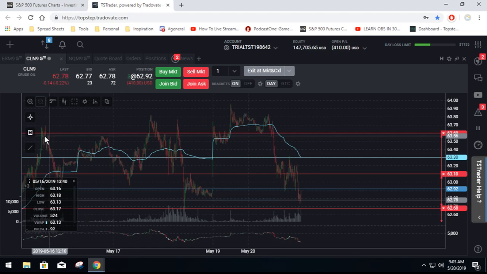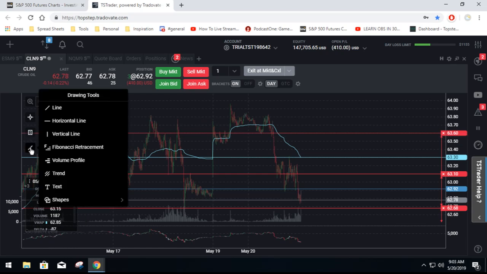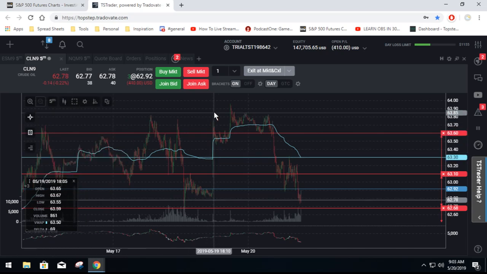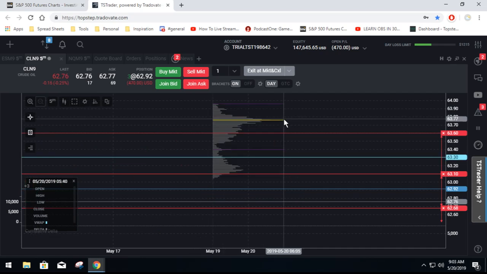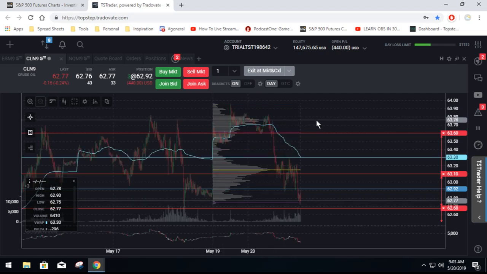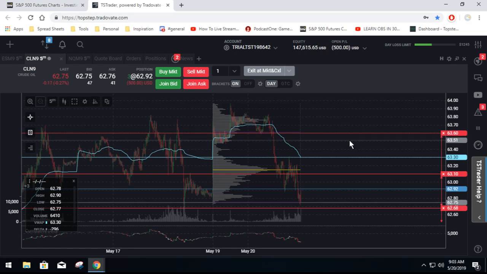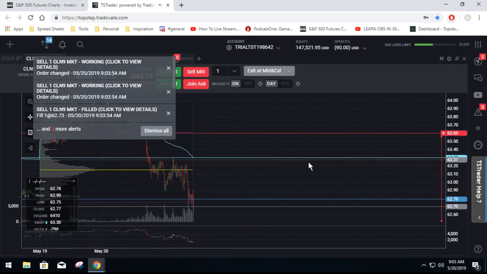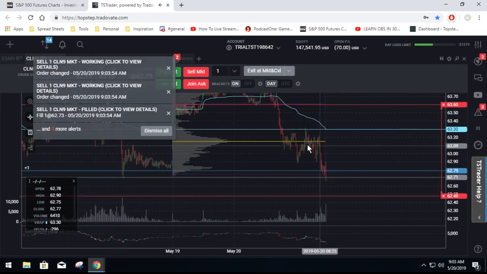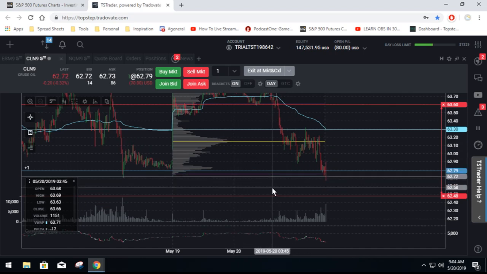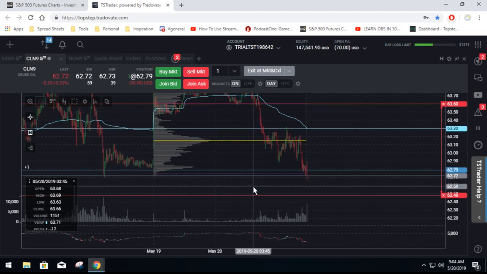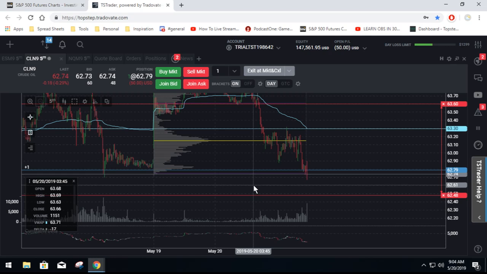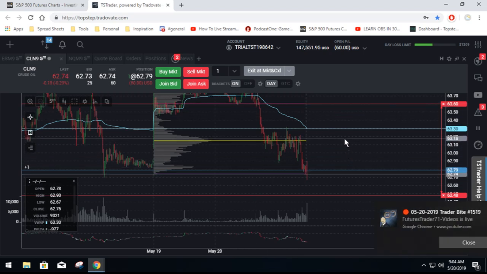Where is my holding profile from the open to live? Right, got stopped out just beyond this. You can see where we said we take profits, we had value low, we had the POC set up there.